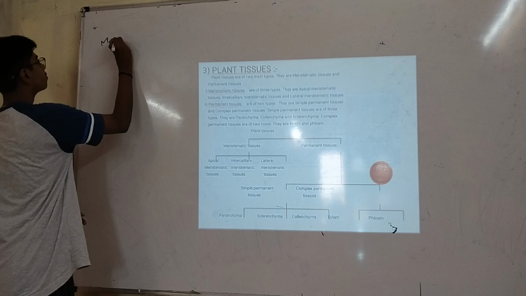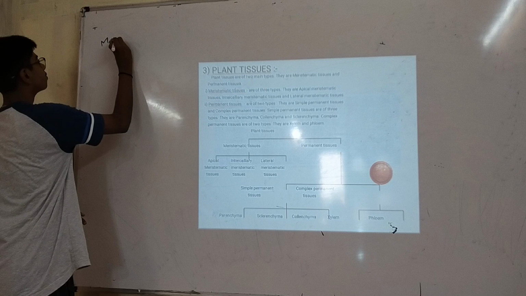So muscle tissue is divided into striated muscles, unstriated muscles and cardiac muscles. What do you mean by striated muscles? They are voluntary muscles having light and dark striations. Unstriated muscles are also known as smooth muscles, or involuntary muscles, having no striations.